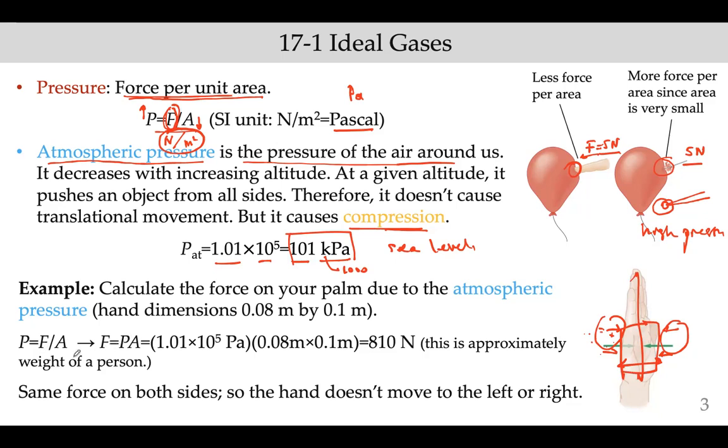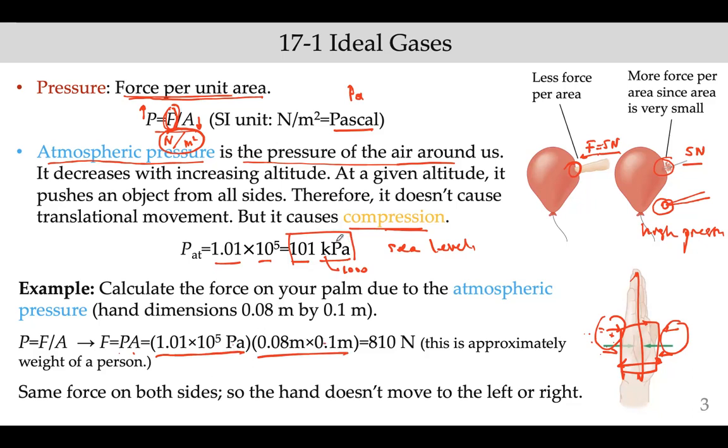So we know the pressure, and we are calculating force, so we will do pressure times area. The atmospheric pressure at sea level is this number, and we will multiply by the area. Everything is in SI units.